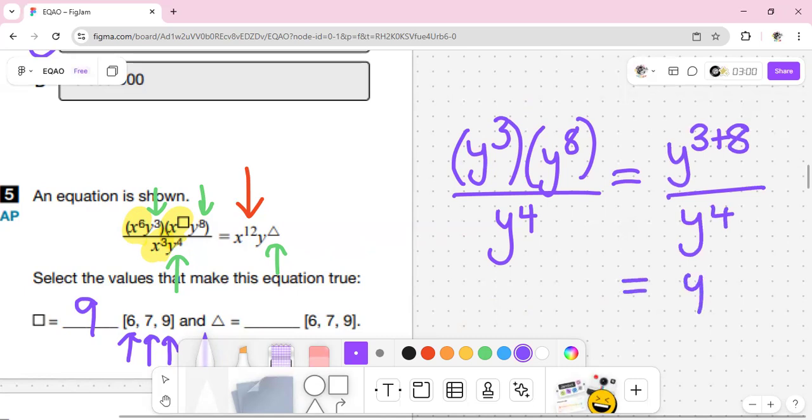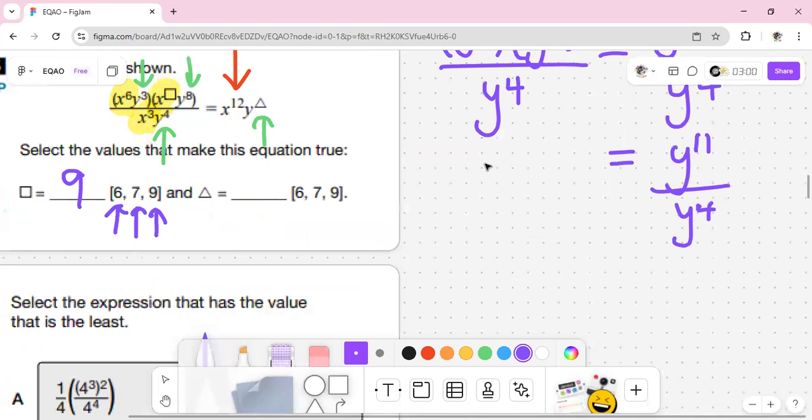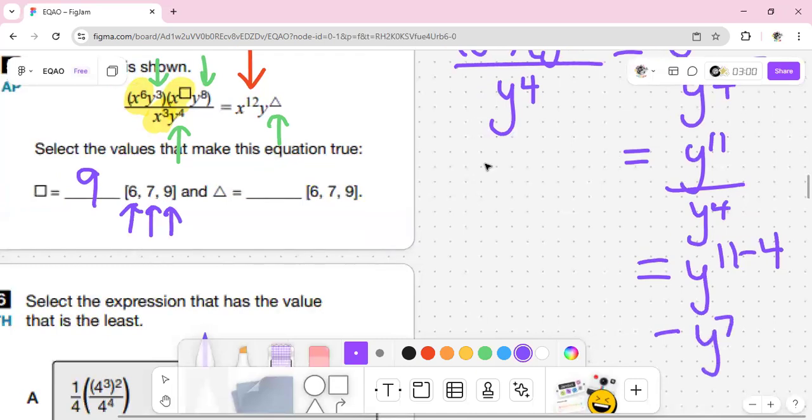So that's going to give me y to the power of 11 divided by y to the power of 4. Remember, my rule for division is keep the base the same and subtract my powers. So y to the power of 11 minus 4 is going to give me y to the power of 7. Therefore, my triangle has to be 7.